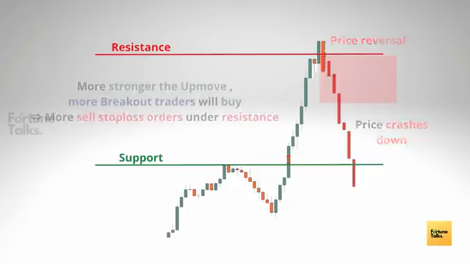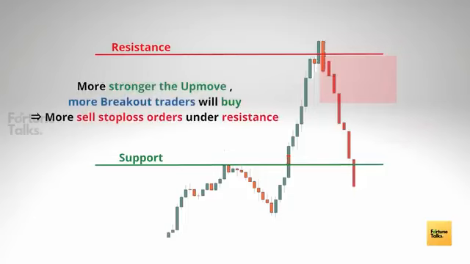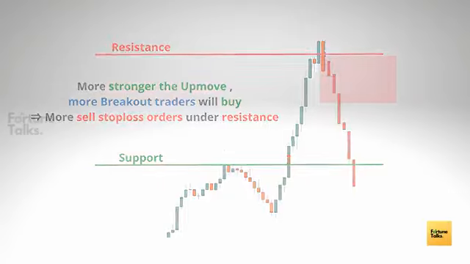Now, the stronger the bullish move into the market structure, the more breakout traders will enter the trade and there is more buying, and more buying in turn means more sell stop loss orders behind the resistance. And if the price reverses towards the downside, it will hit all the sell stop loss orders of these breakout traders.